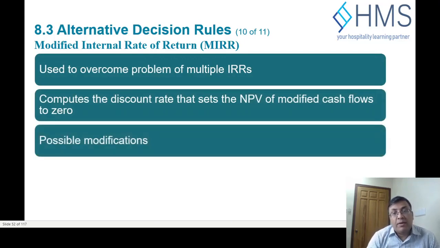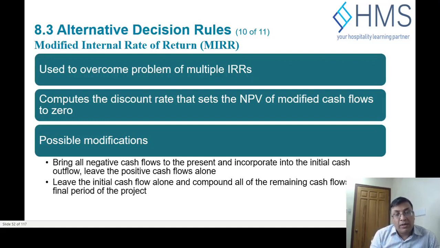One is to bring all the future negative or positive cash flows to the present date, so you have only one sign change. In this case you bring the 600,000 at the end of year 10 to present value first, and then you calculate the IRR, so you will get a different result.